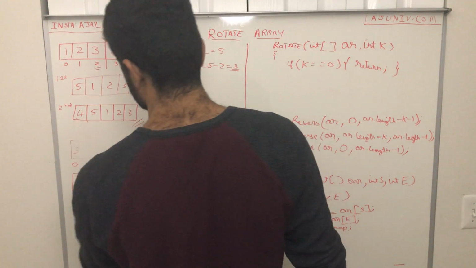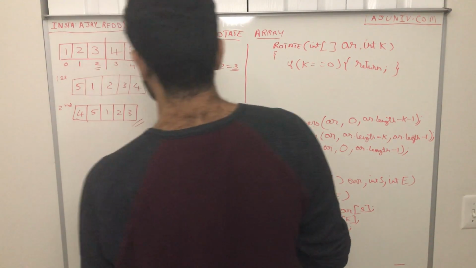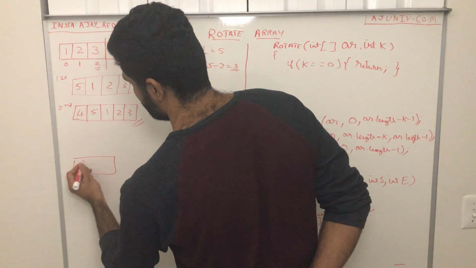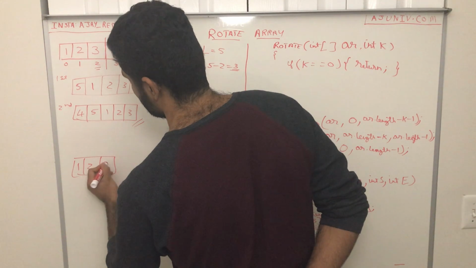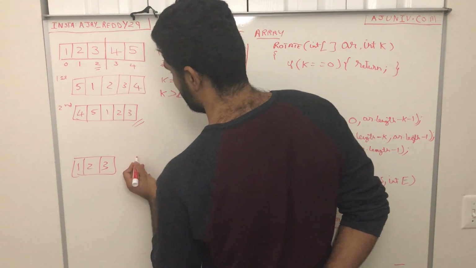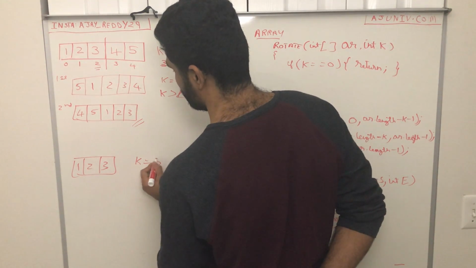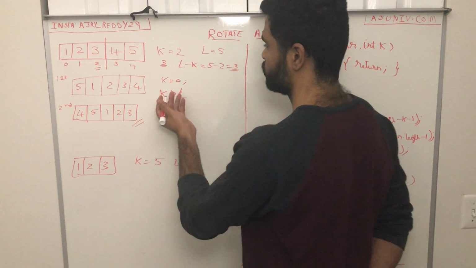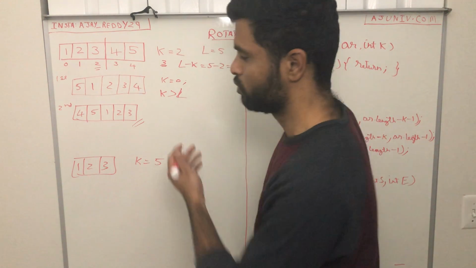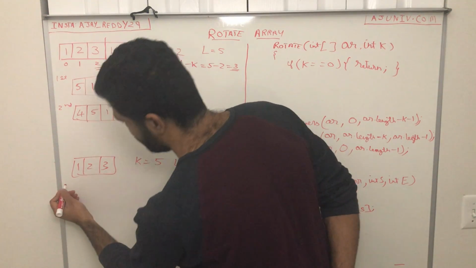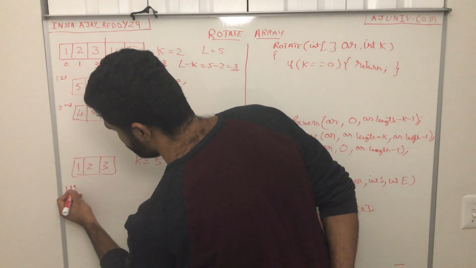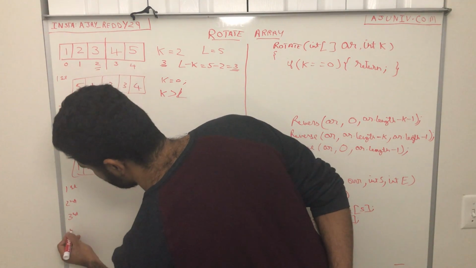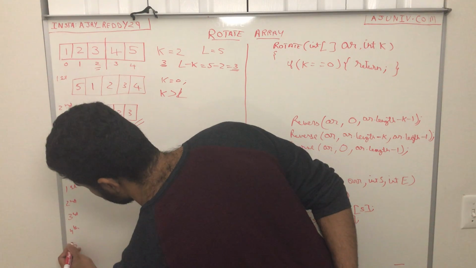Suppose I have an array 1, 2 and 3 and k is equal to 5. So the length is actually 3 but k is 5, where k is greater than the length. In this scenario, let me write all the operations. The first rotation, second rotation, third rotation, fourth and fifth.